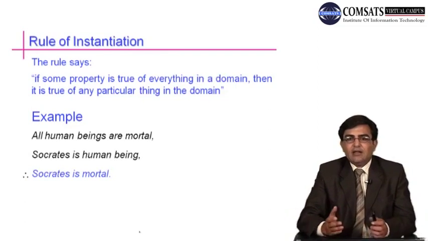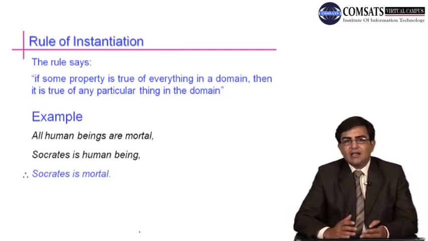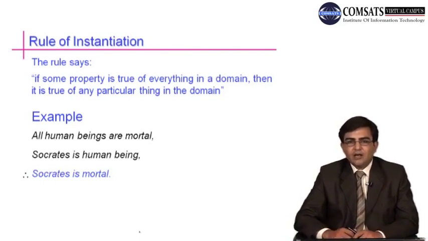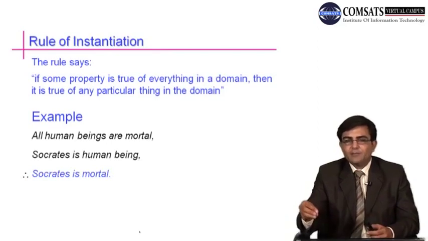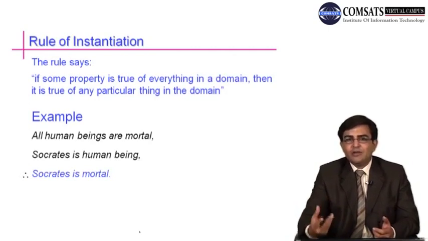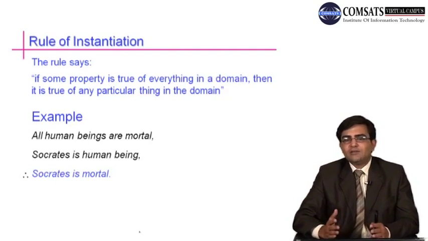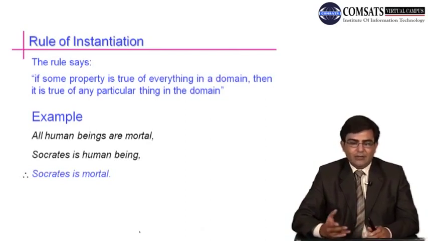If I ask what is Aamir's age, then definitely Aamir's age will be above 20. So if a property is true for everything in a domain, then it is true for any particular thing in that domain.